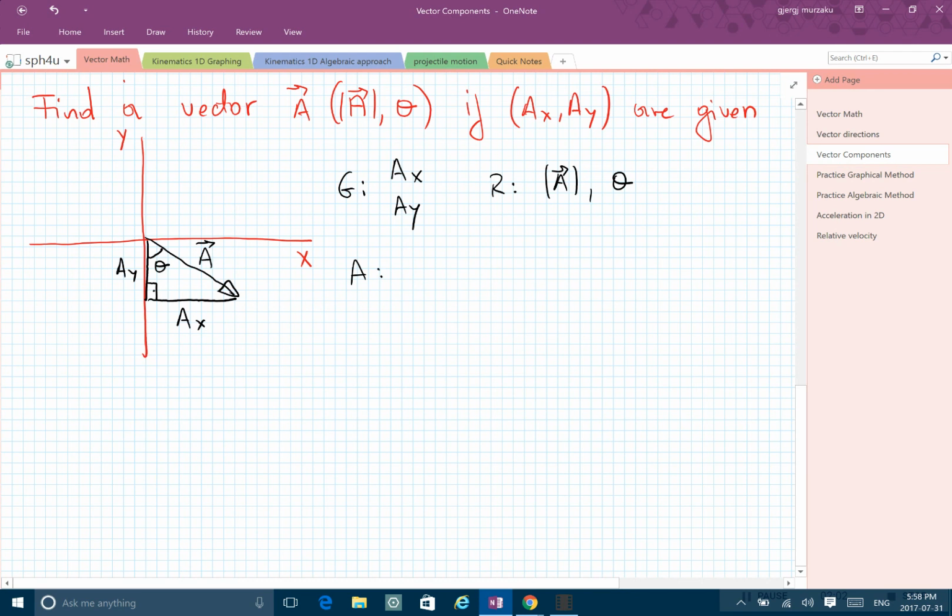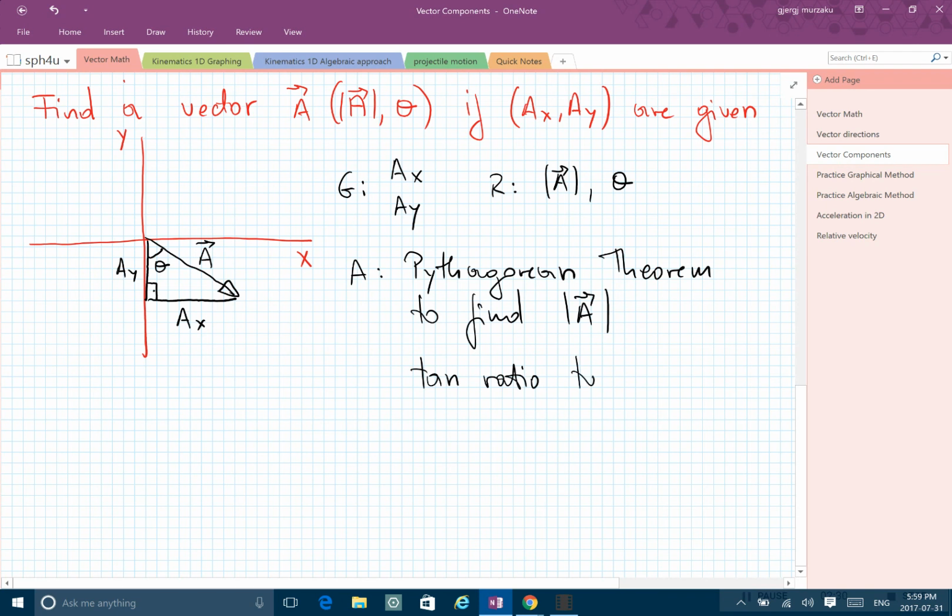For the analysis, we're going to use the Pythagorean theorem to find the hypotenuse, which is the magnitude of the vector, A, and we're going to use the tan ratio to find the angle.